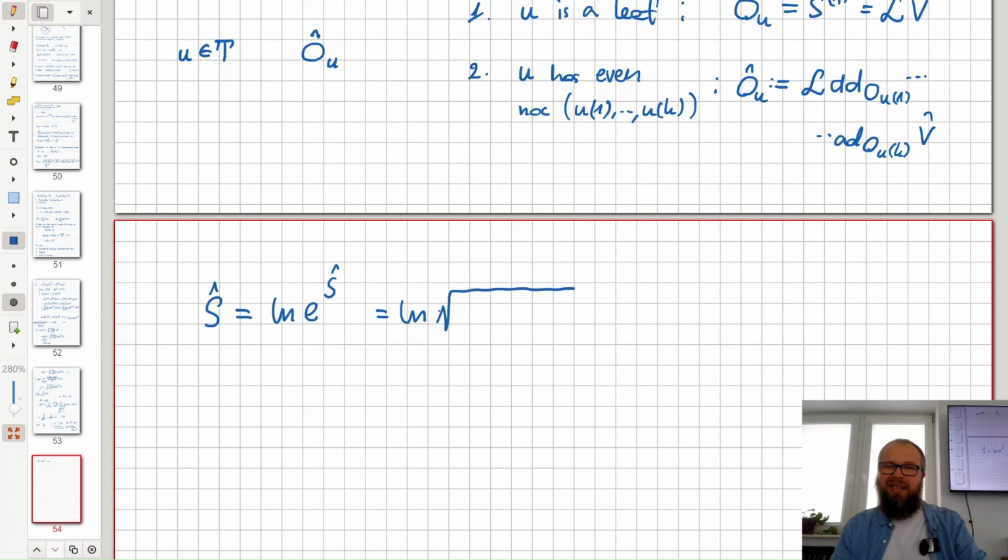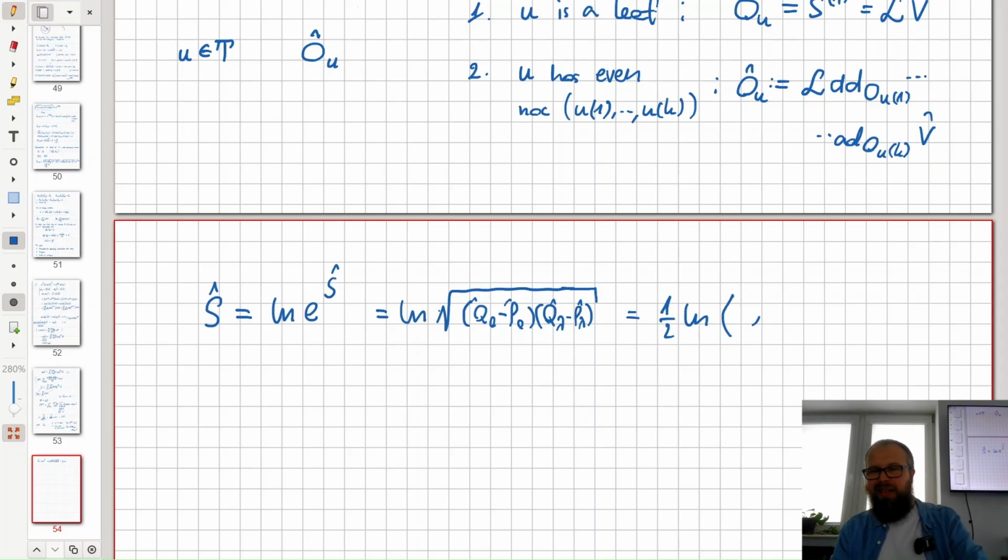So this is like the square root of q0 minus p0, q lambda minus p lambda, which you can also write as 1/2 logarithm of q0 minus p0, q lambda minus p lambda.